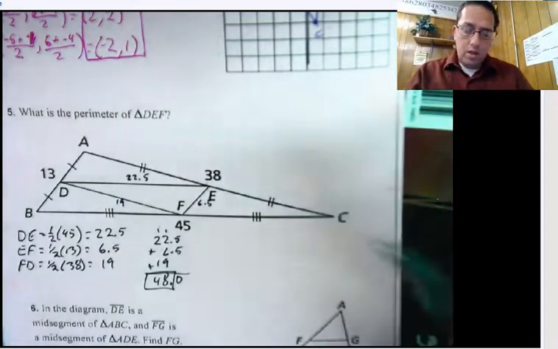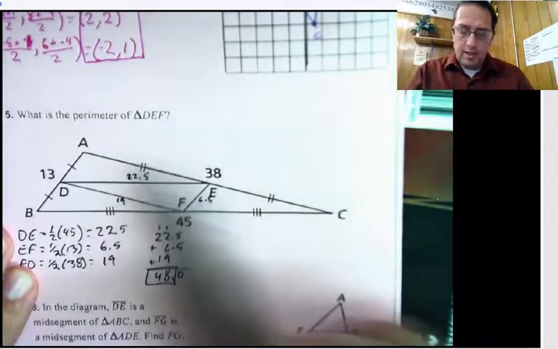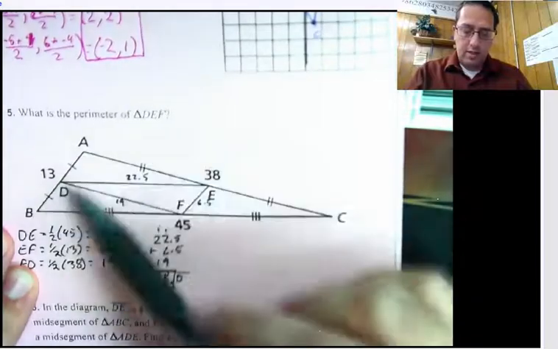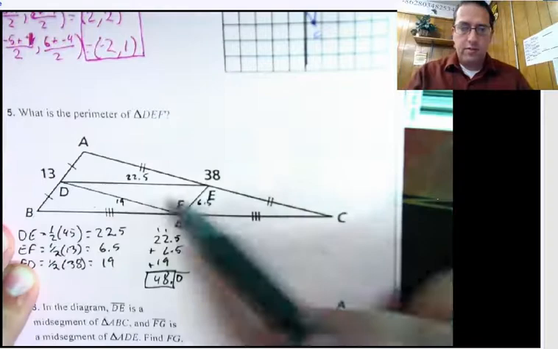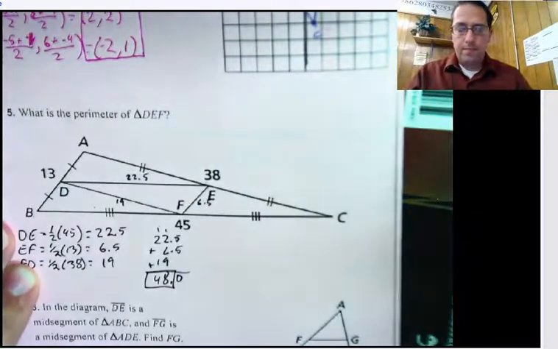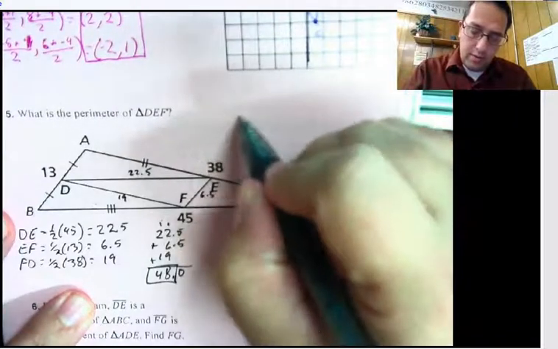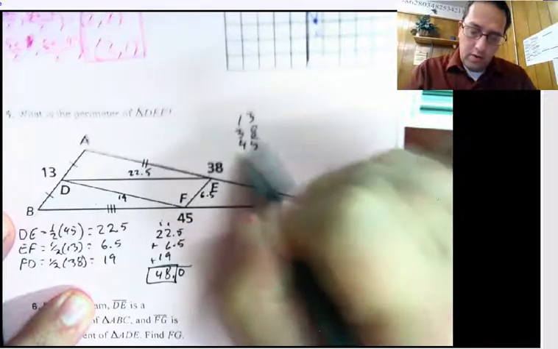This side is half of that side, right? This side is half of that side, this is half. So all of these sides are half the length of the original triangle, right? So watch this. Let's just take the original triangle and add those up. 13, 38, 45.